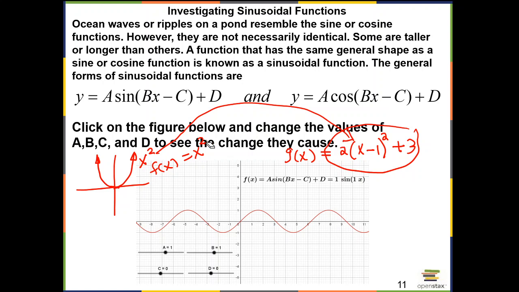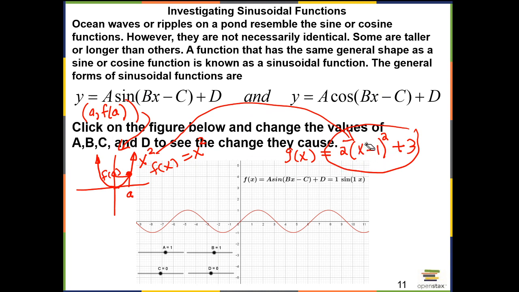Now, what are the transformations? Well, for every point on this graph, let's say we have a point A and f of A on this graph. So this is A and this is f of A. Now the question is, what happens to the points on this graph under the transformations?